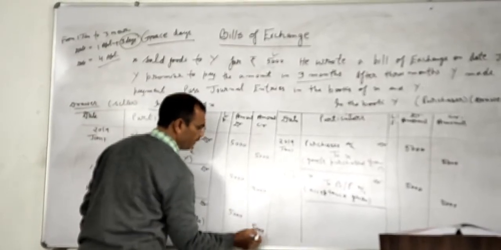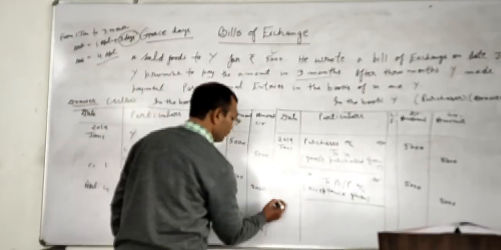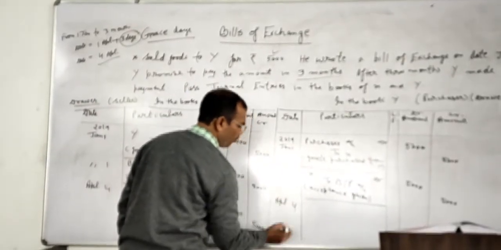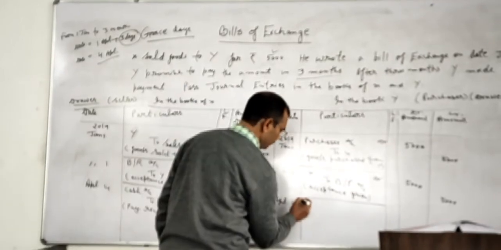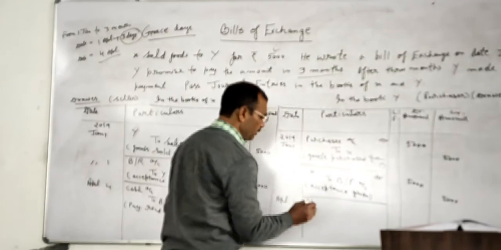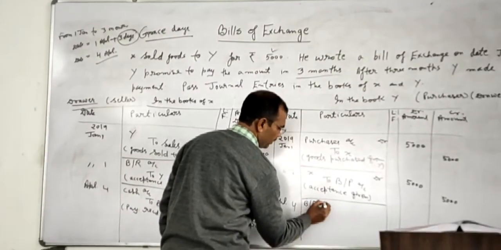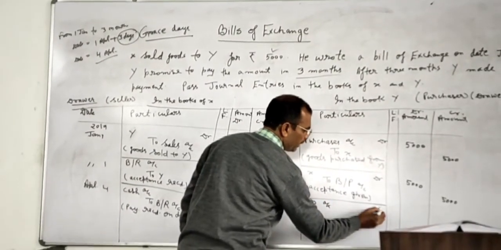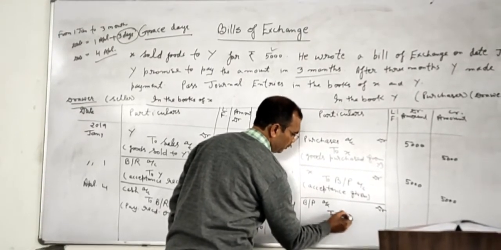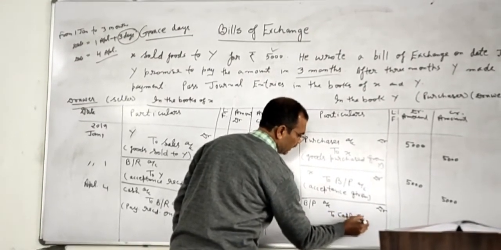And the last entry, the date when Y is giving the payment, April 4, and he will receive his signed bill: BP account debit to cash account.